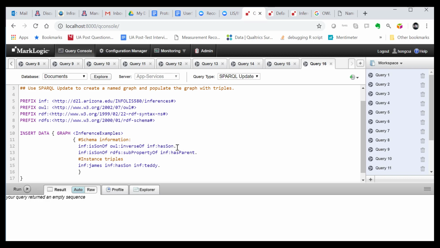The context is some resources express the relationship between parents and son using has son. Another resource may be using is son of.